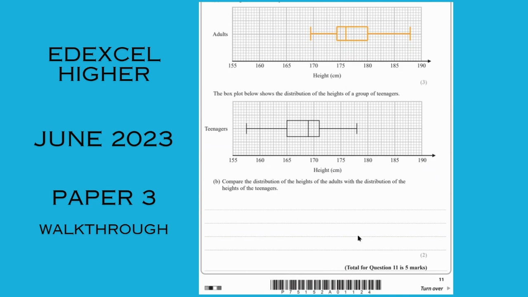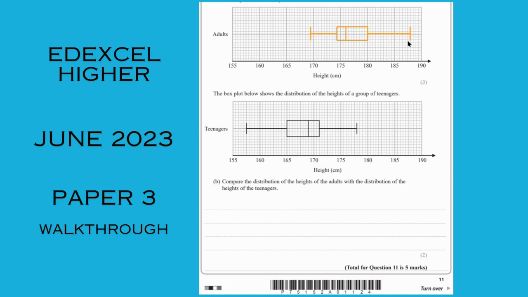And I'll just read you through B. When it's worth 2 marks, make sure you don't make 2 comments that fall into the same category. So if you want to compare the interquartile range with the interquartile range, that's fine. Say that one's bigger than the other, or they're equal. But don't then say for your second sentence a comparison of the range.